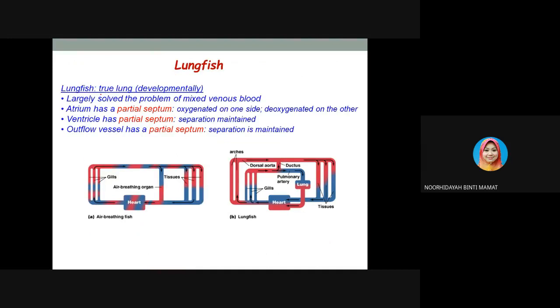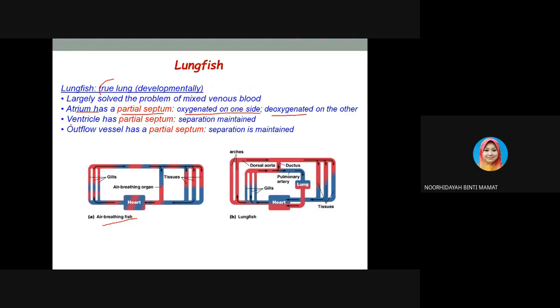Lungfish actually have a true lung developmentally. So the lungfish largely solve the problem of mixed venous blood, compared to other fish. They have an atrium that has a partial septum, so the deoxygenated blood is on one side and the oxygenated blood on the other side.